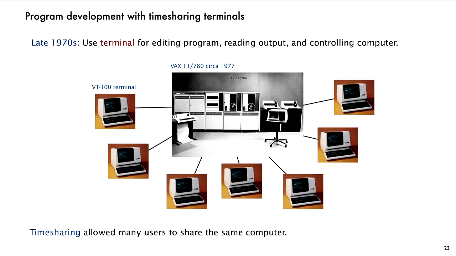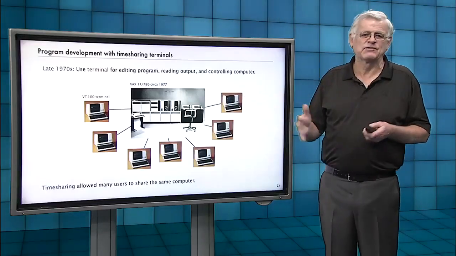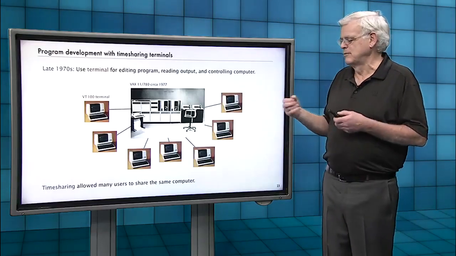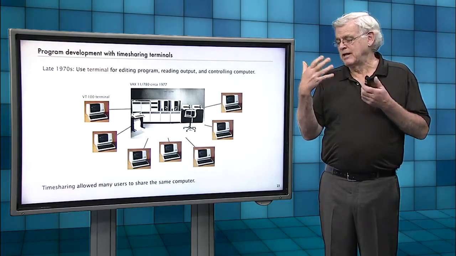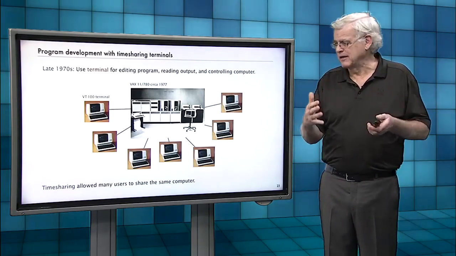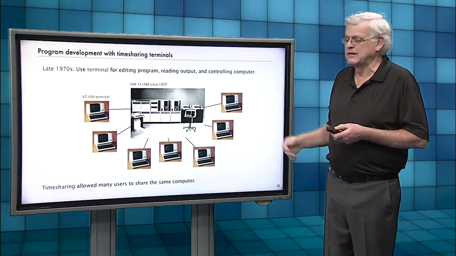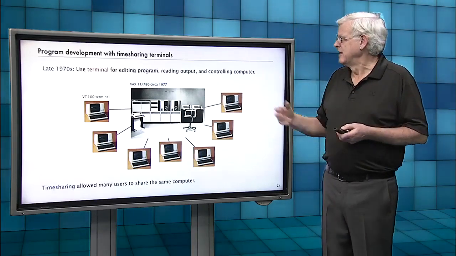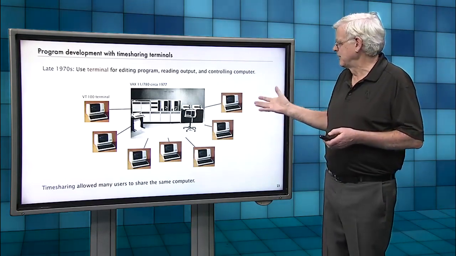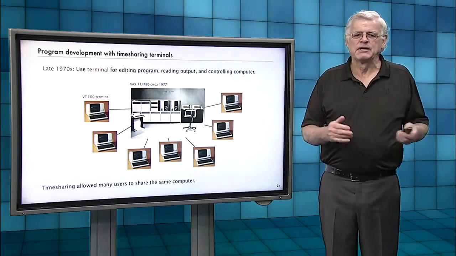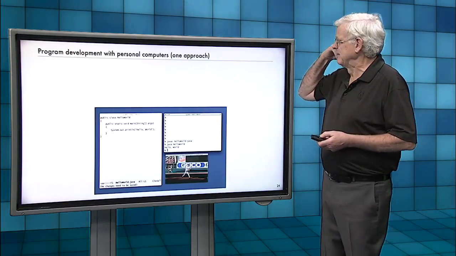So a small organization could have one computer, and then everybody could have a terminal in their office that they could use to create the text that made up their program, and then to invoke the compiler and the editor, all sharing the same computer. And that was a welcome development because it got everybody computing in their offices.